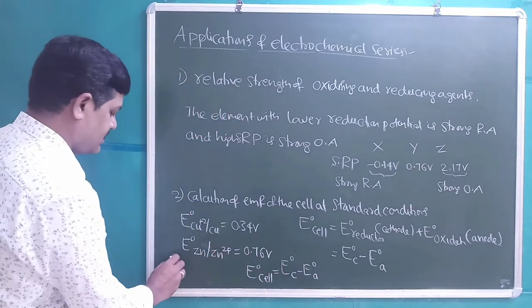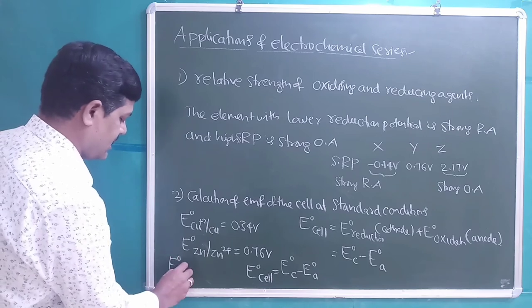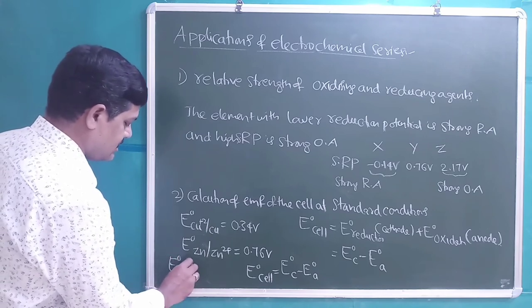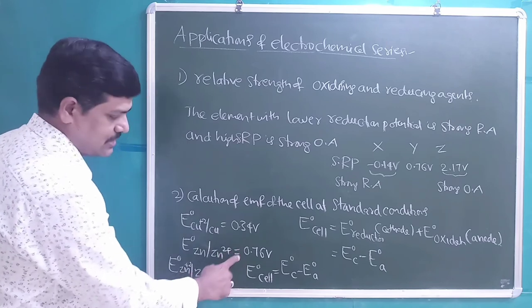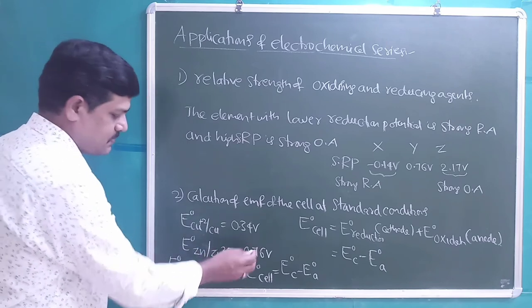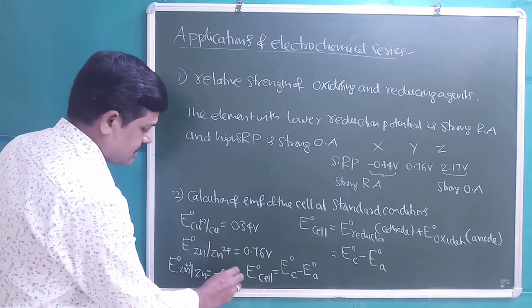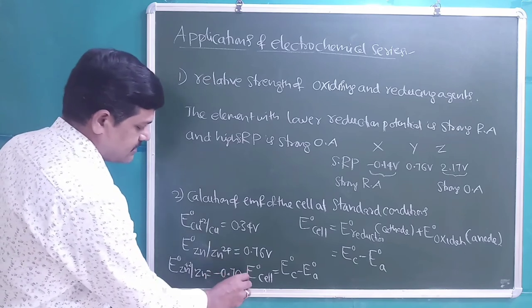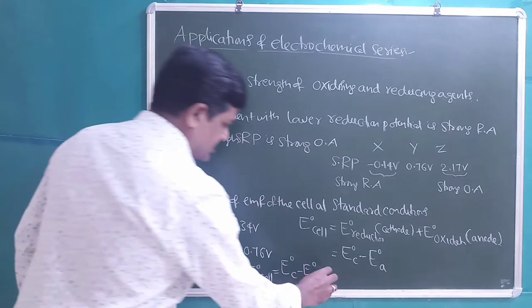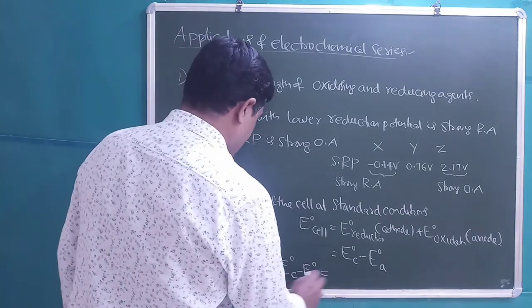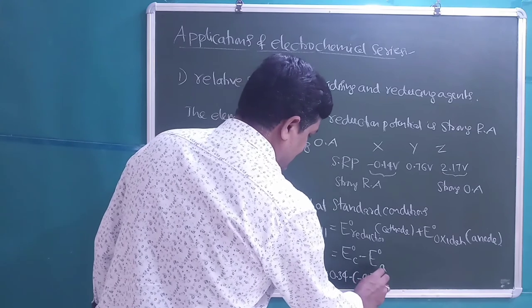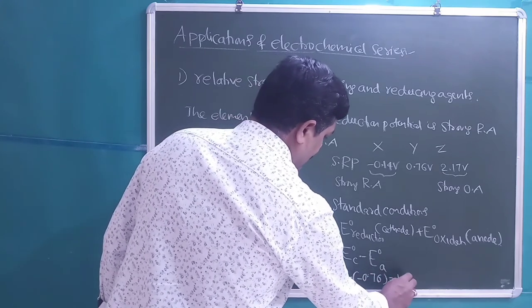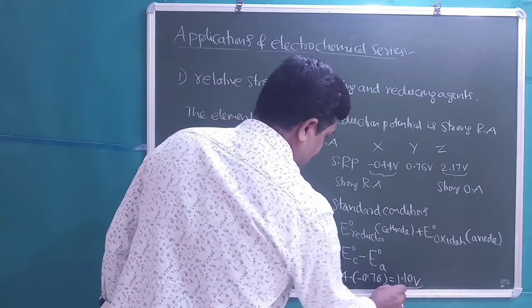Immediately convert this into the reduction potential: E naught Zn2 plus slash Zn is equal to minus 0.76 volts, because the sign changes. Oxidation potential is positive, reduction potential is negative. Substituting these values: 0.34 minus of minus 0.76, which is equal to 1.10 volts.